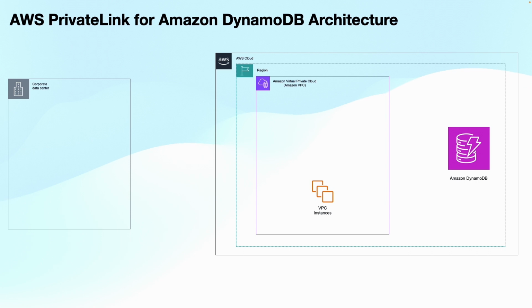Both interface endpoints and gateway endpoints support private network connectivity without needing a public IP address or internet gateway or NAT device.